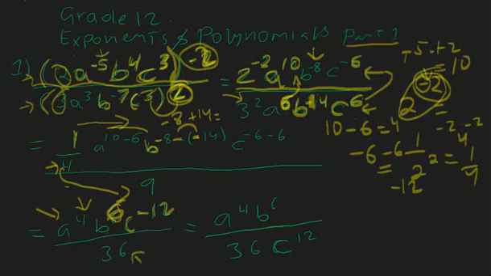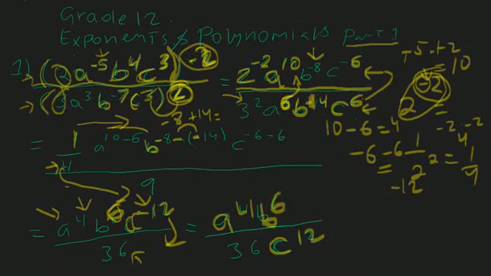Now if we move it back to c, in order to avoid the negative, the sign will change. C will have a power of 12, raised to the power of 12. And then we have here a raised to the power of 4, and then b raised to the power of 6.